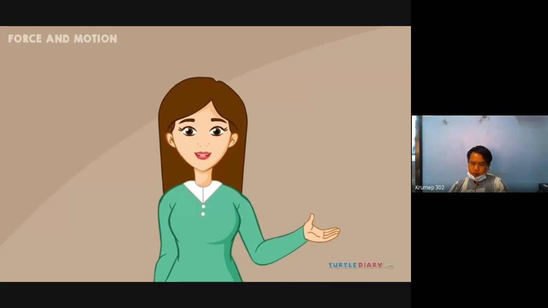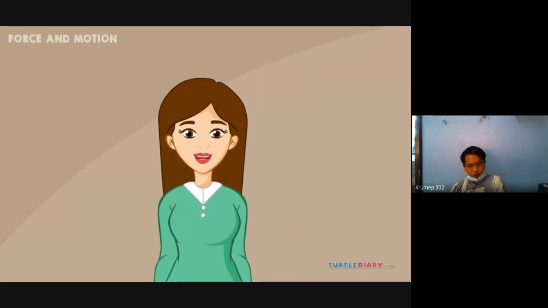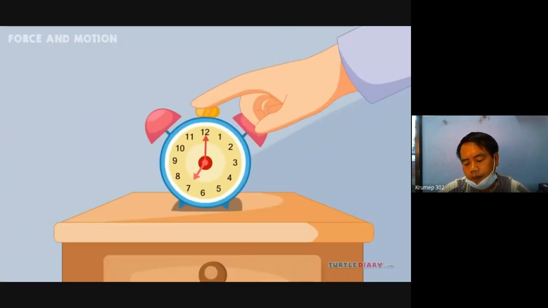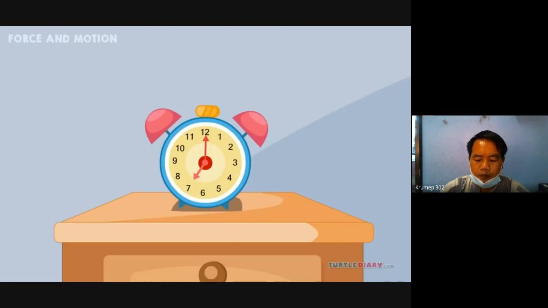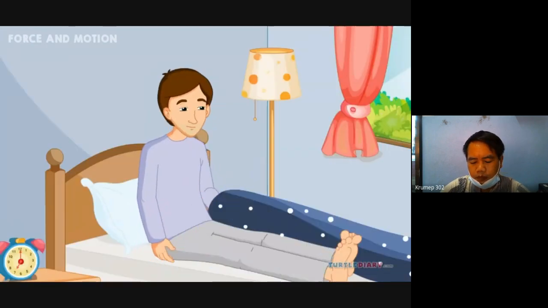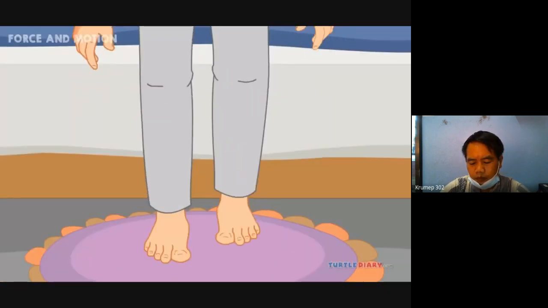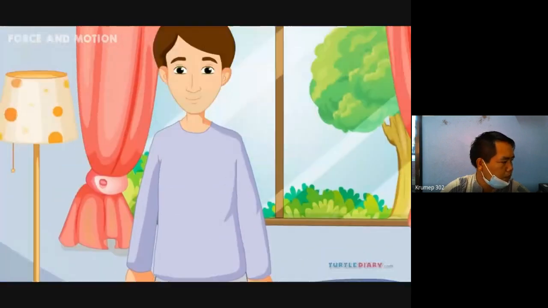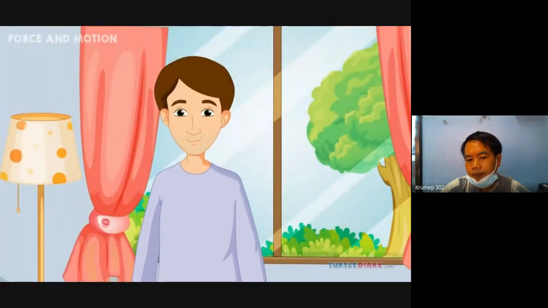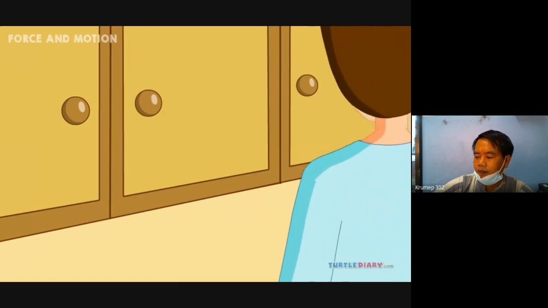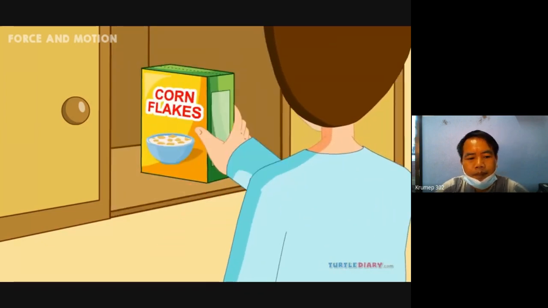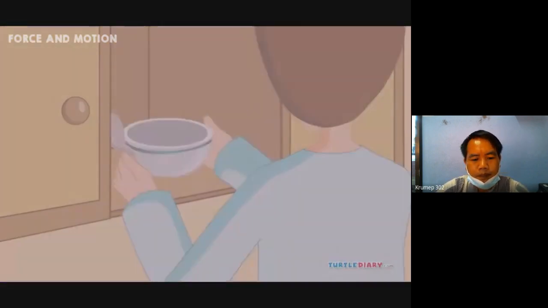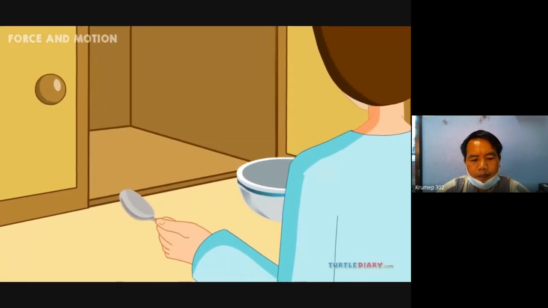Let's look at things a person pushes and pulls in one morning. This man pushes an alarm clock to make it stop ringing when he wakes up. He pulls the blankets off himself and uses his legs to push his body up. He pulls open a cabinet to get out his breakfast. He pulls out a bowl and a spoon.